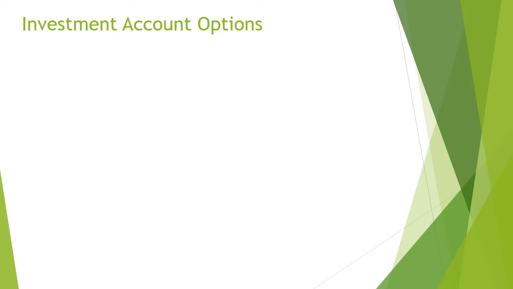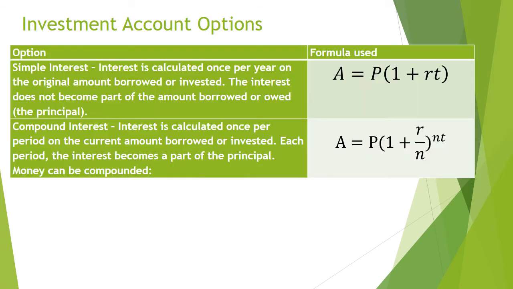Now let's talk about the different options that we have for investments and accounts. We have the option of simple interest. Simple interest is calculated once per year on the original amount borrowed or invested.